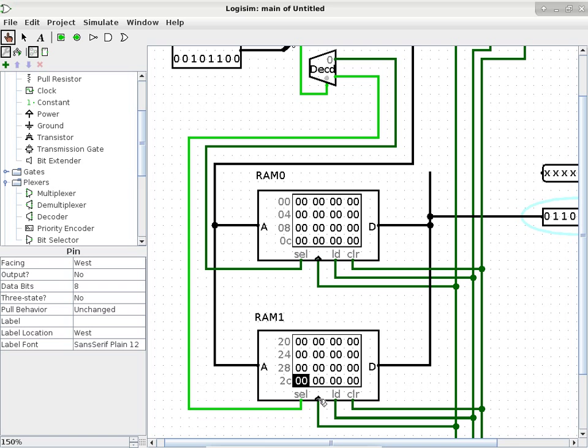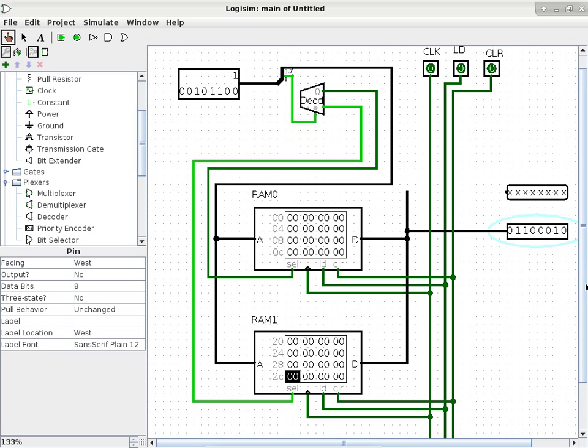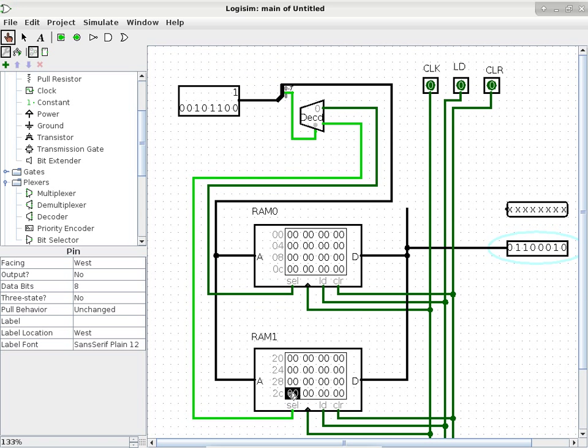Is that okay? What is the value of the clock line at this point? It's a 0. So let's go ahead. I'm going to zoom out a little bit just so that we can see the effect of changing that line to a 1. Oh, by the way, which bit from the processor is determining the select line?